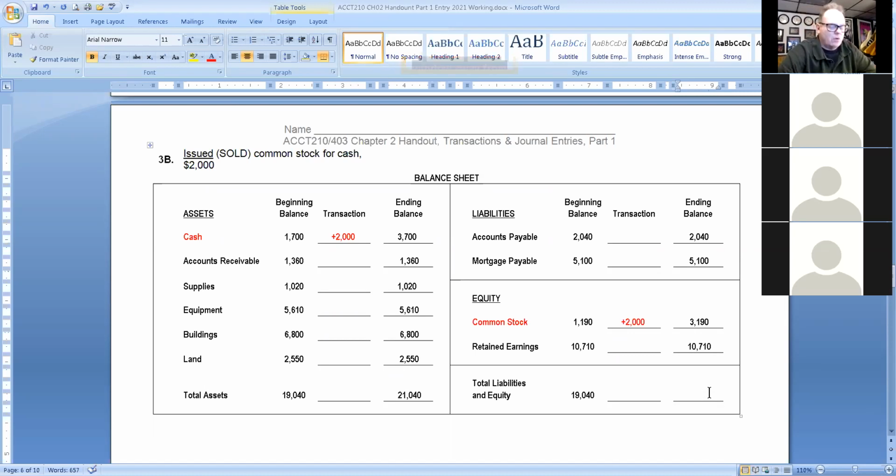All right, so hopefully this will come out to balance. $21,040, that's what we want.